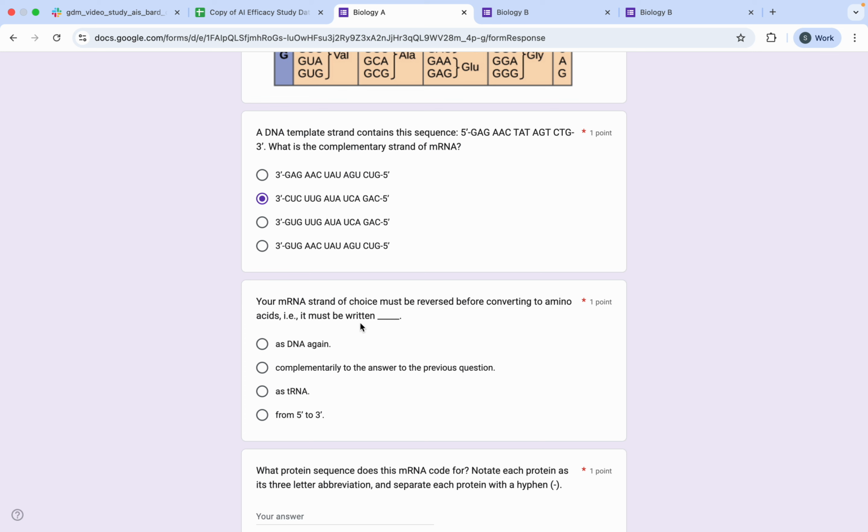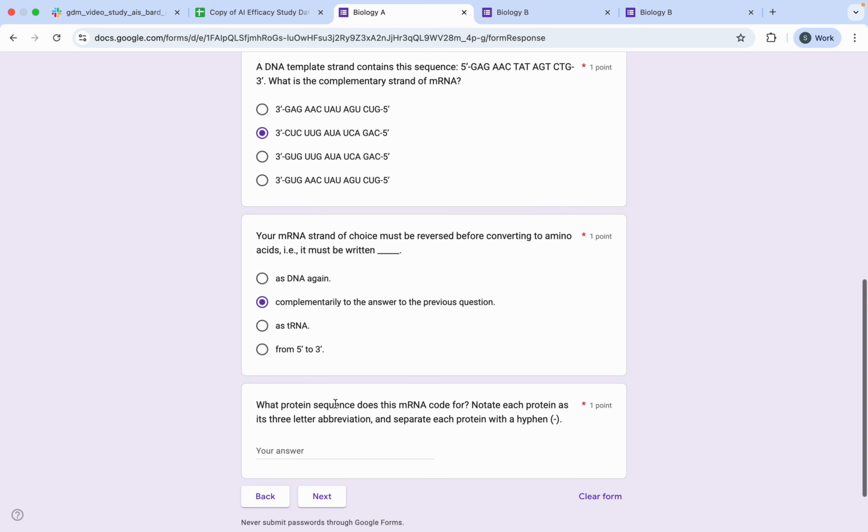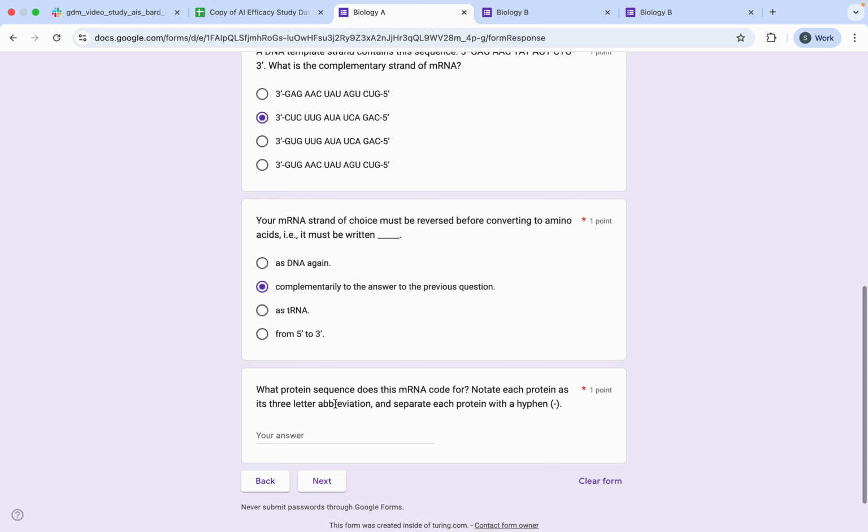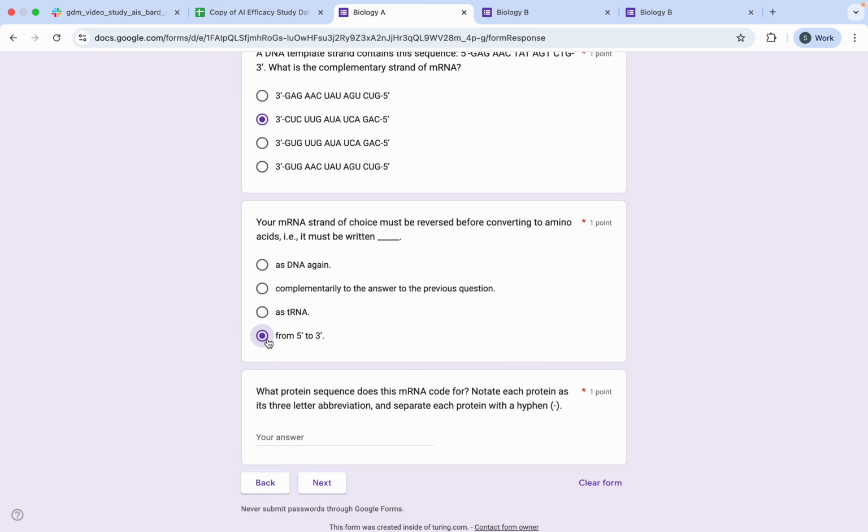That is, it must be written as DNA again, and complementarily, according to the previous question, as mRNA from 5' to 3'. I think this is the right one. Option B is the right one.